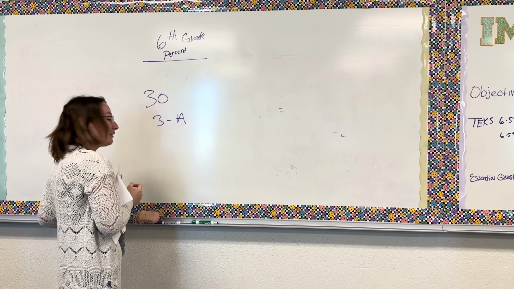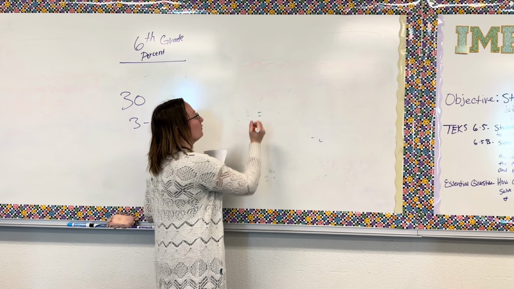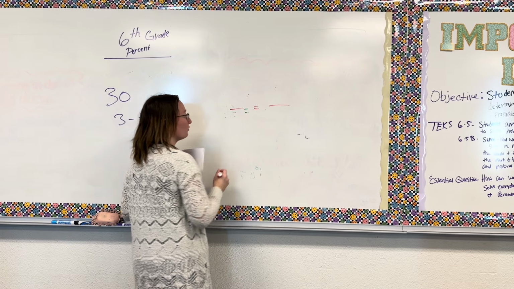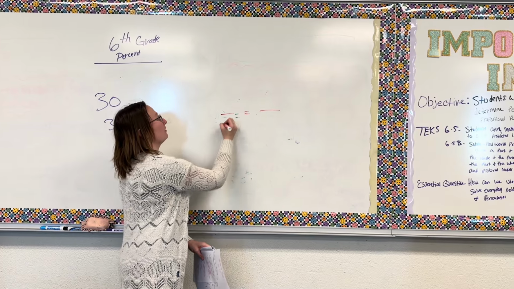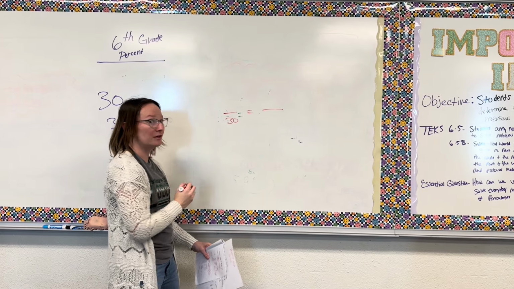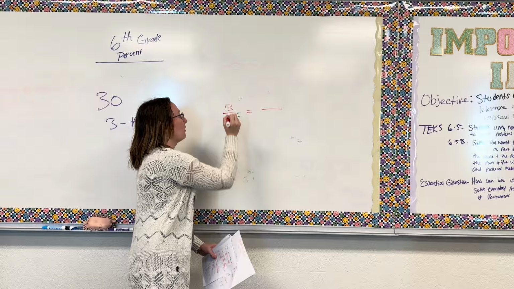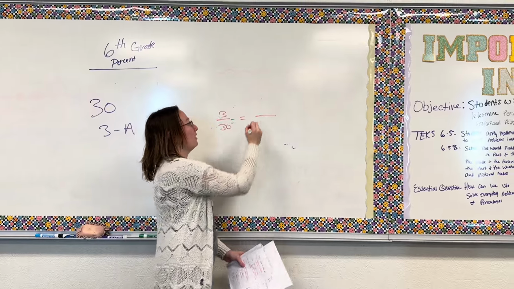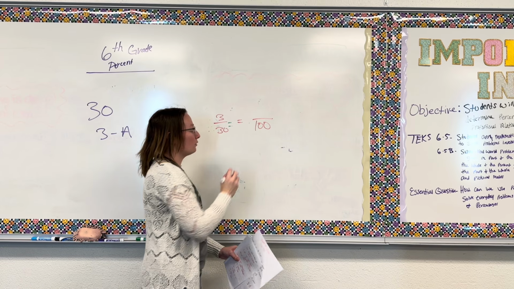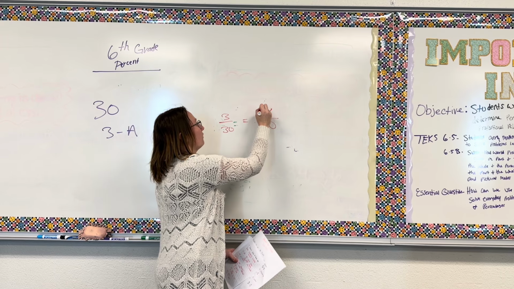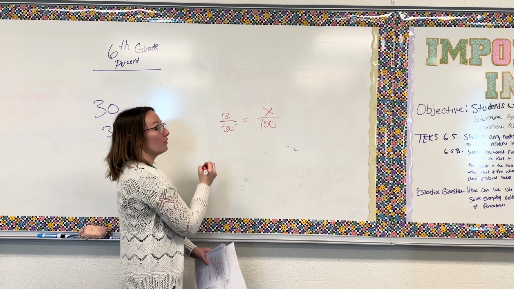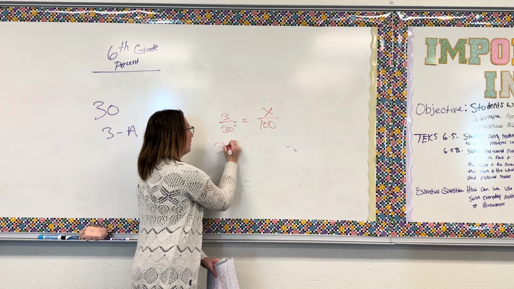I want you guys to kind of lead me through it. So yes, we will need our 2 fractions. And yes, we're gonna set 30 as our total number of students, with 3 being our part. Yep, we need 100 on the bottom because 100 is what we do with percent, and X as our mystery number. Cross multiply, so we have 300.